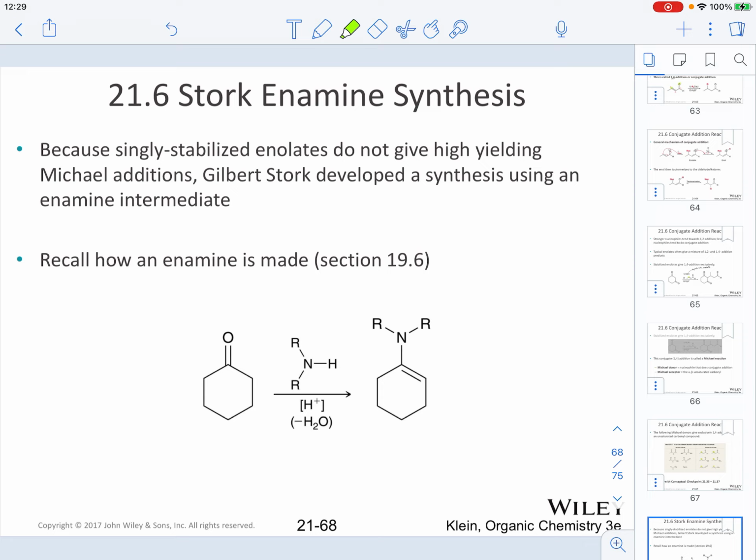Okay, so I hope that from section 19 you guys remember how an enamine is formed. As you can see, an enamine is formed where we have a ketone that reacts with an amine, and that's what forms specifically the enamine molecule.